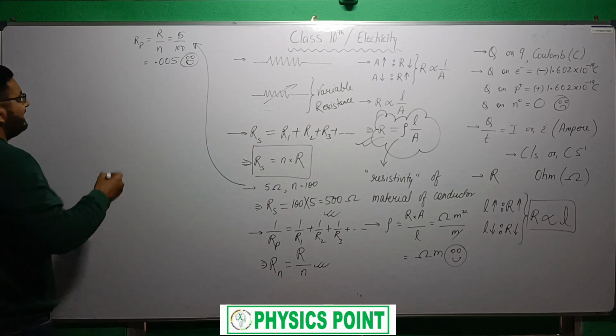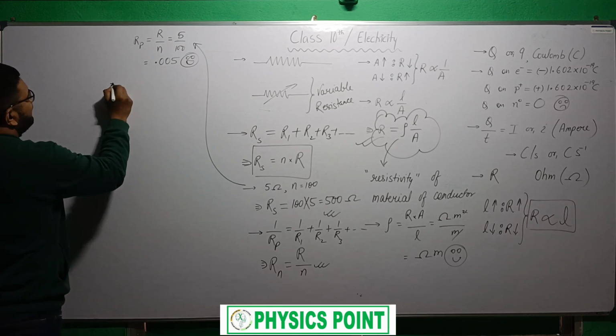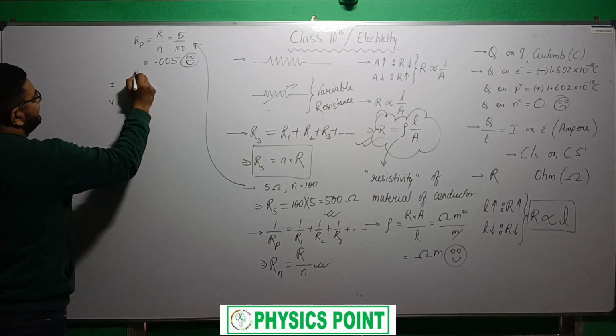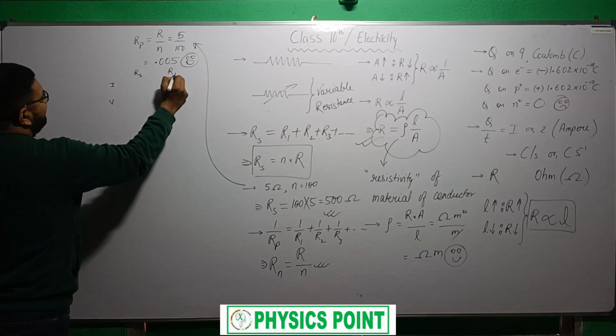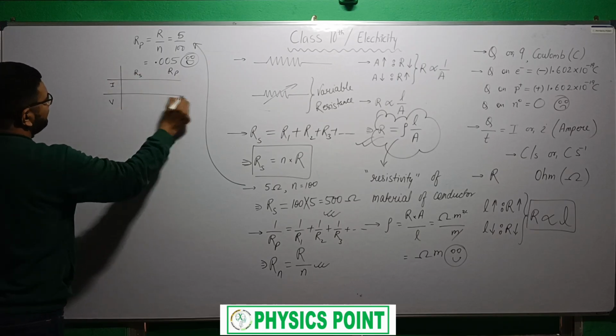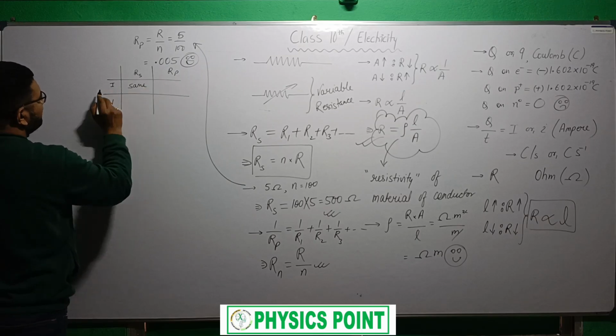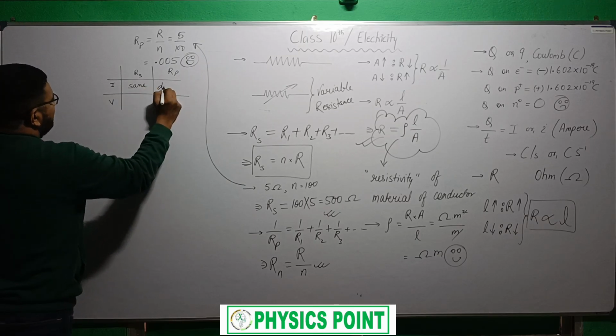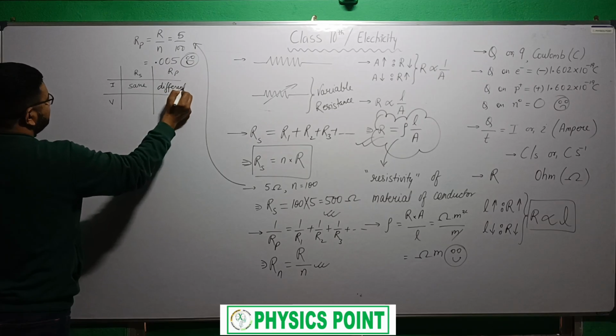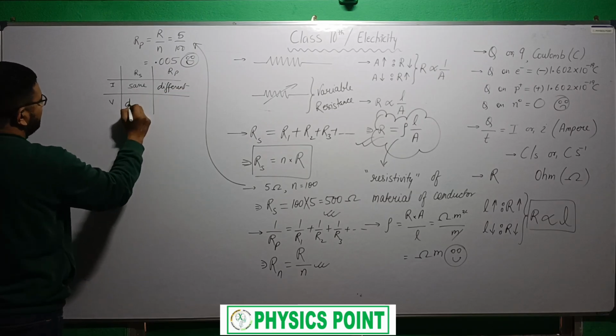So we can also tabularize them: current and voltage in case of series and in case of parallel. In case of series, current will be same. In case of parallel, current will be different. In case of series, voltage is different.